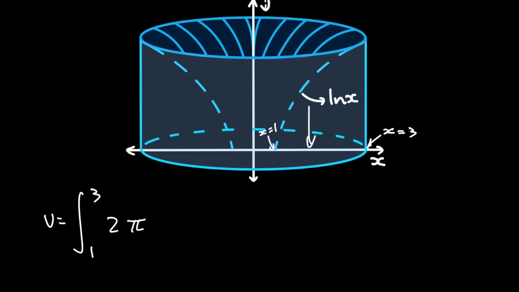If we were here, the x value might be 2, and so the radius of the circle is going to be 2. So our radius is x. Now our height at, for example, 2 is going to be the natural log of 2. So our height can be expressed as the natural log of x, generally. We're doing the integral in terms of x.